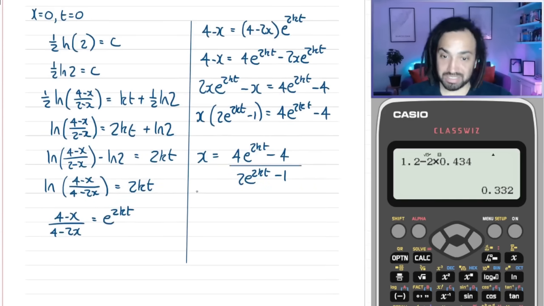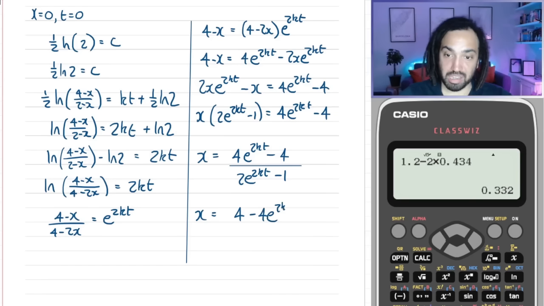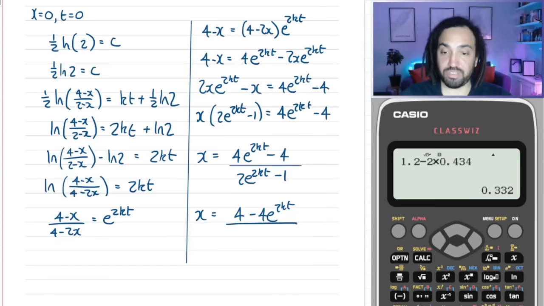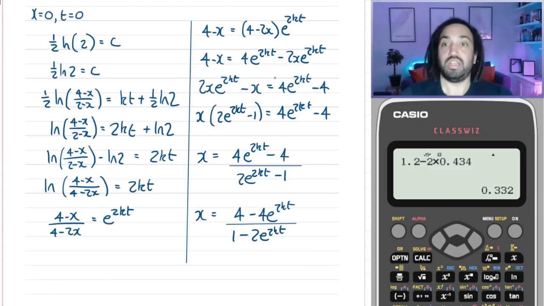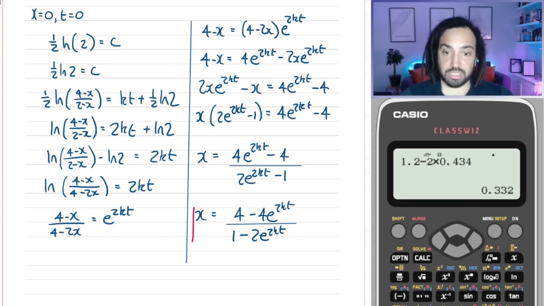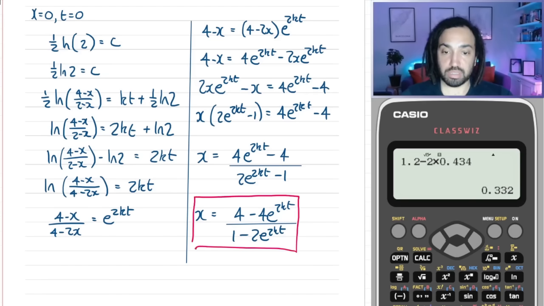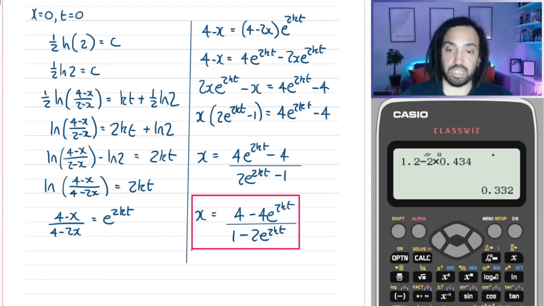So let's just times the top and bottom by minus 1, which is just going to flip the signs over. Flip each term over, should I say, which is going to give us this. Wowza. Okay, that is job done.